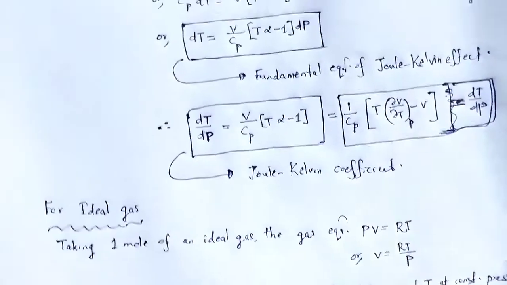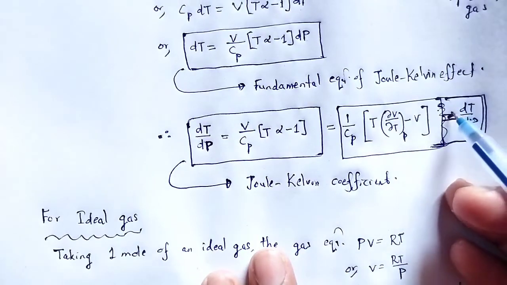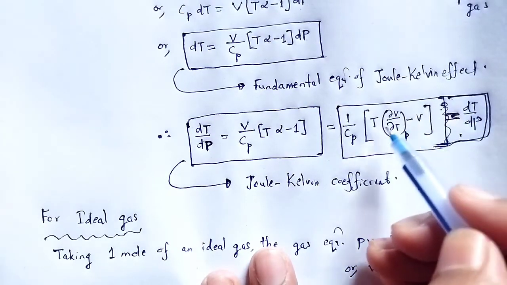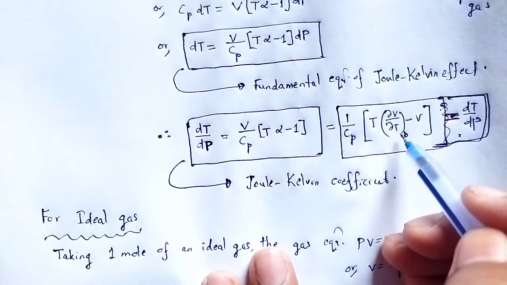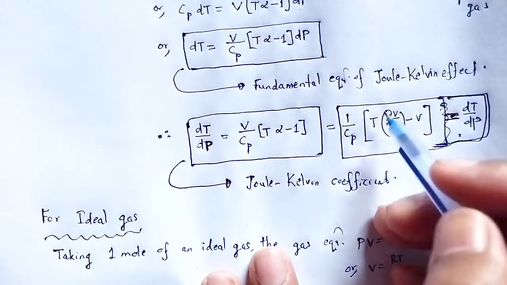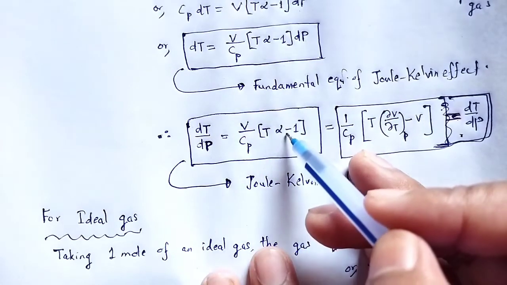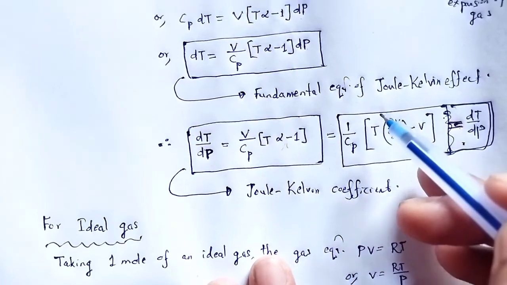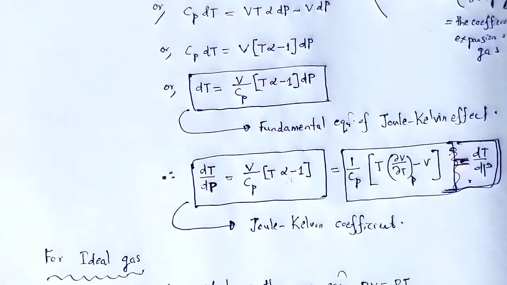The term del V by del T is the short form of alpha.